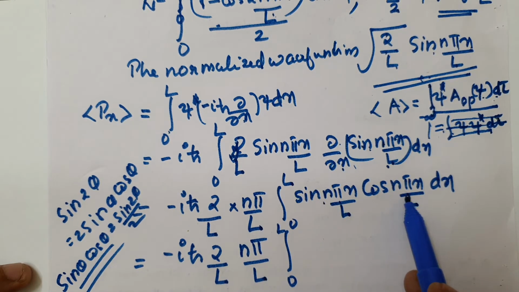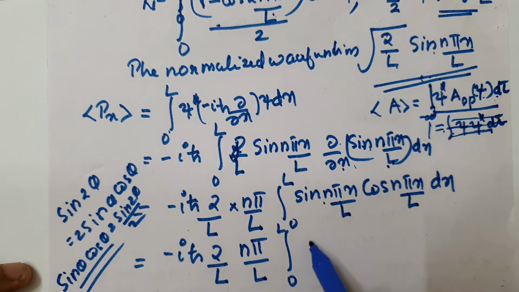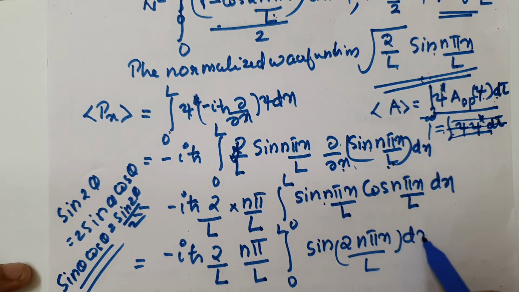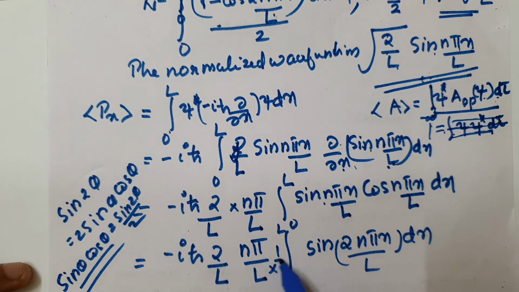So sin theta cos theta is sin 2 theta by 2, that is sin(2 n pi x by L) dx divided by 2. The 2 will be taken outside, and this 2 and 2 will cancel.